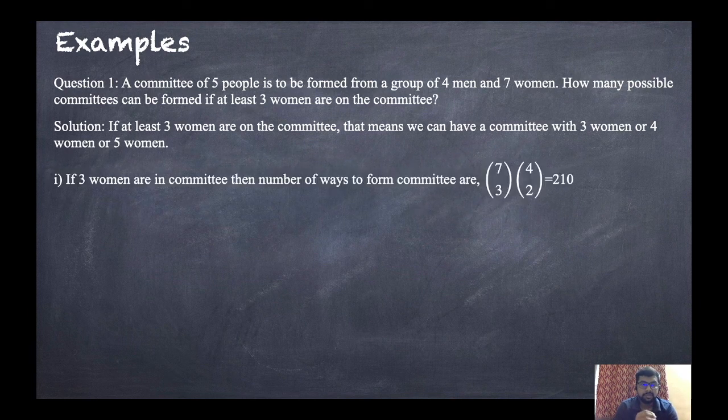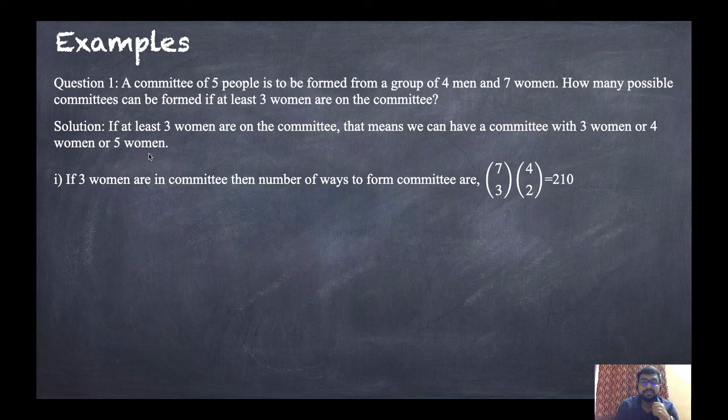So first, if three women are there in the committee, then how many ways are there to form the committee? We want to create a group of five people in which the first case is three women. Total women are 7, and out of seven, we want to choose three.